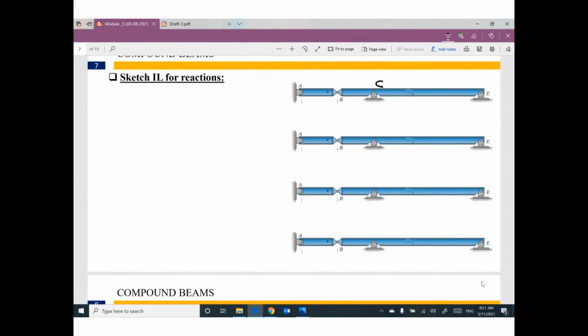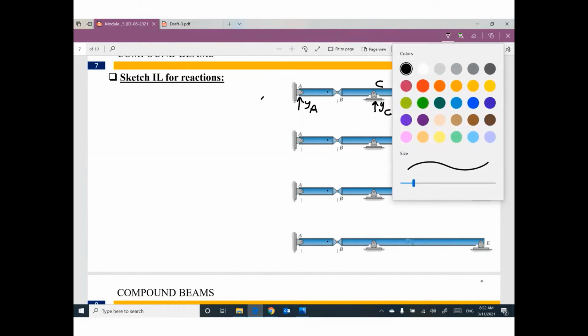So we have three. This one is hinge, we have vertical reaction YA. This one is roller, we have vertical reaction YC. This one is roller, we have vertical reaction YE. We don't care about any horizontal reaction. So go ahead and start to help me.